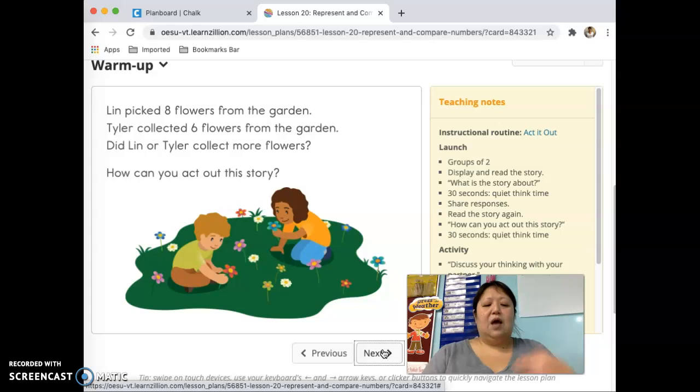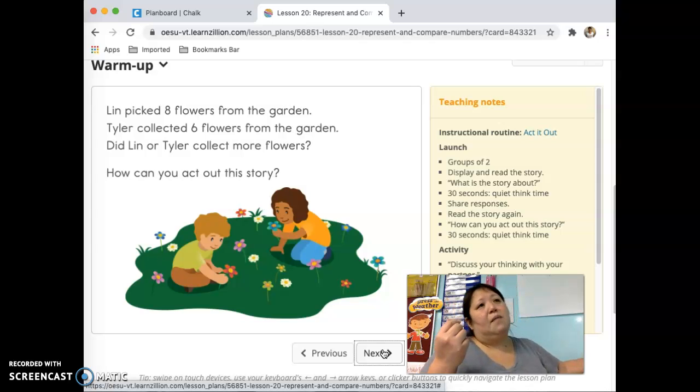And we decided that one way that we could do that was to actually physically act it out, pretend we had something that looked like flowers. We were talking about the straws and having one person pick 8 and one person pick 6 and see who had more. We talked about just looking at the numbers 8 and 6 and just knowing that 8 is bigger than 6 because that's just something we know.